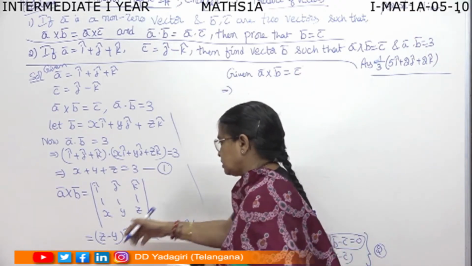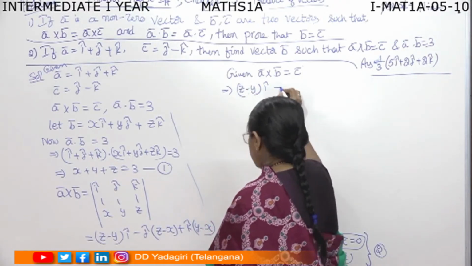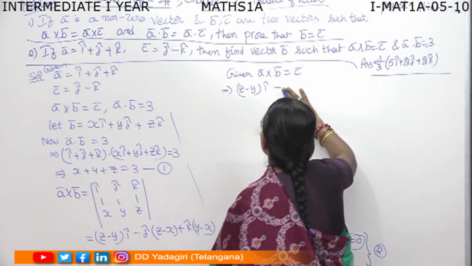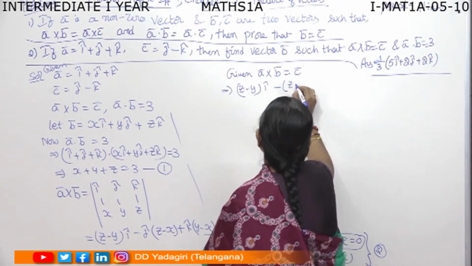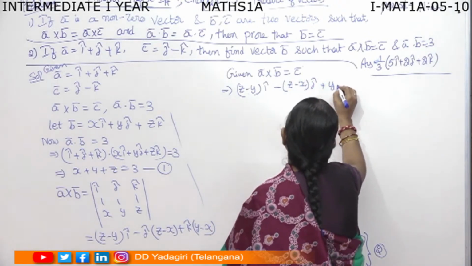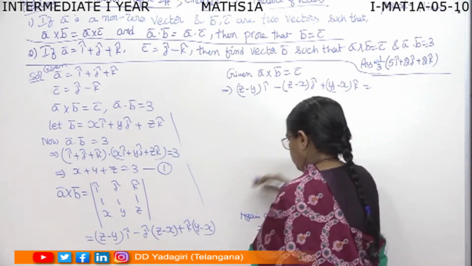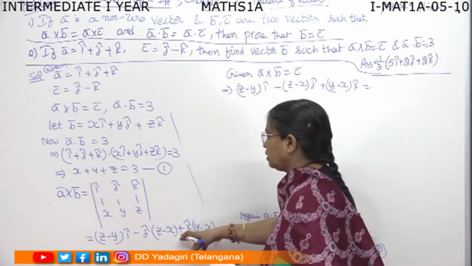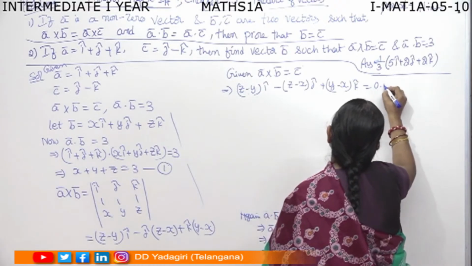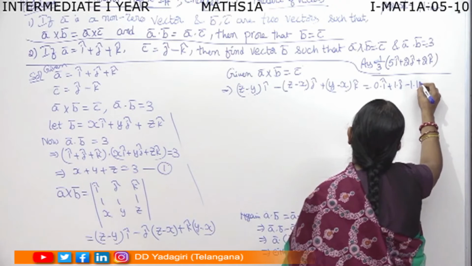A cross B is this: (z minus y) i minus (z minus x) j plus (y minus x) k. This is equal to C. What is C? j minus k. That means it is 0i plus 1 into j minus 1 into k.